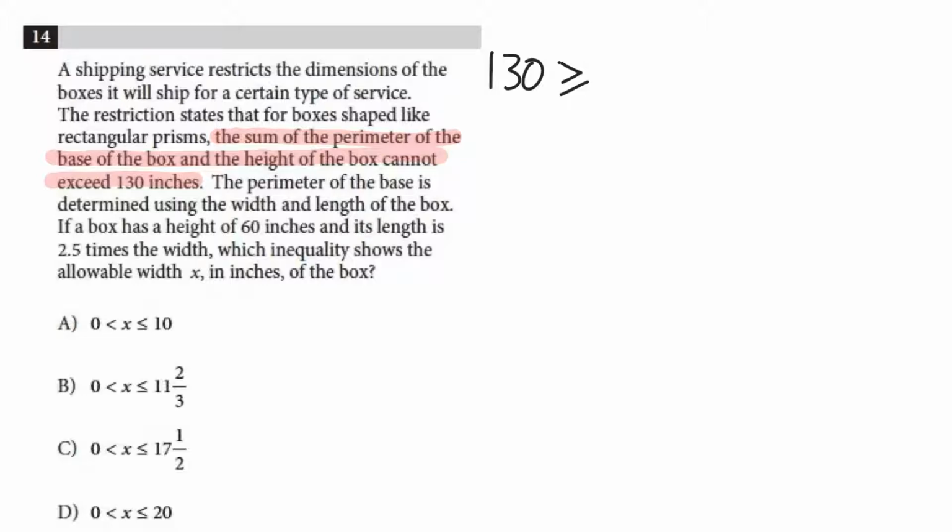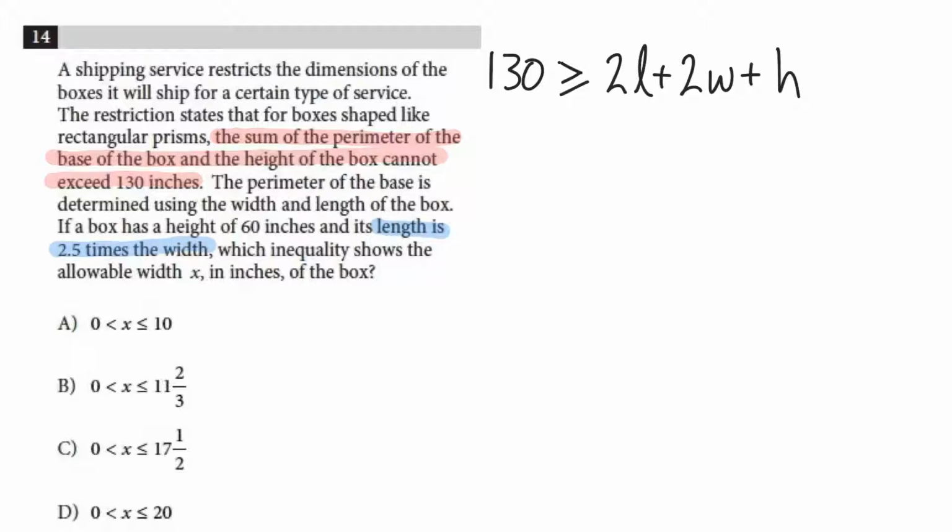So the perimeter of the base is going to be 2 times length plus 2 times width, and then you have to add to that the height. Okay. Well, we also have some further information here. It says that the length is 2 times the width.